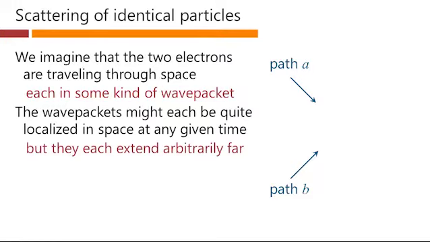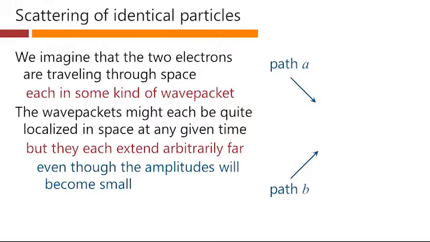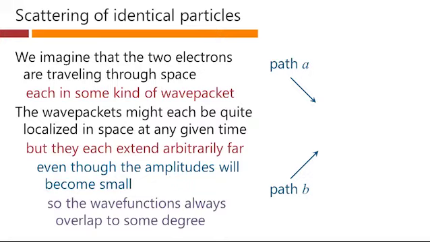But these wave packets do extend arbitrarily far sideways. We can never quite say where one stops, and similarly for the other one here. And the amplitudes might be quite small where they overlap, but the wave functions will always overlap to some degree in space here.